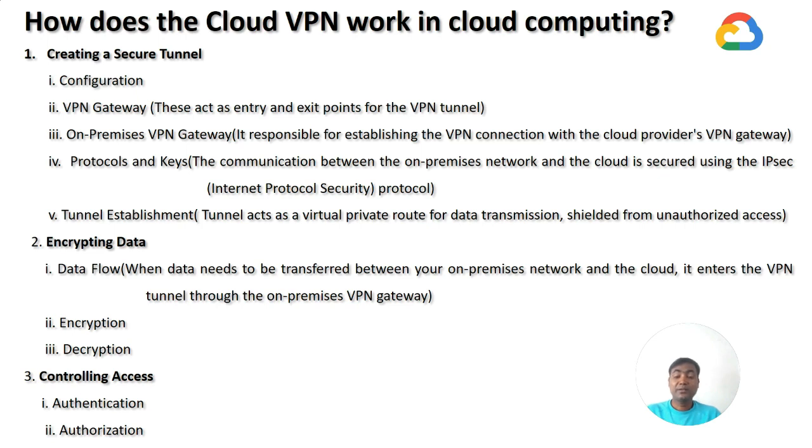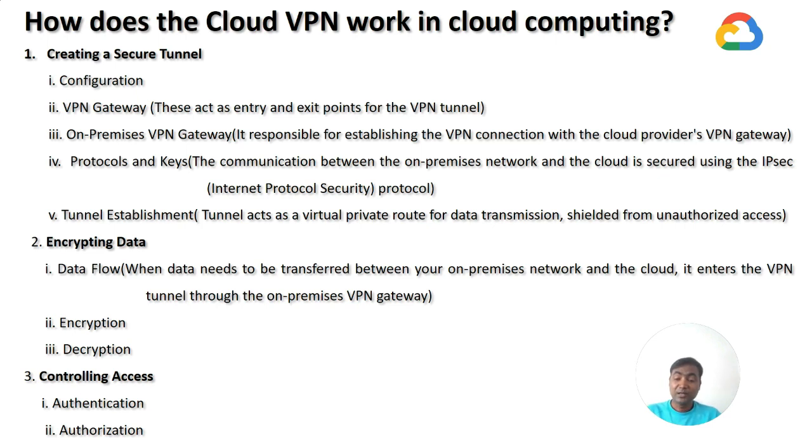The cloud provider sets up specialized virtual machines called VPN gateways in your cloud environment. These act as entry and exit points for the VPN tunnel. On-premises VPN gateway. Guys, on the on-premises site an organization sets up a compatible VPN gateway device. This device is responsible for establishing the VPN connection with the cloud provider's VPN gateway.